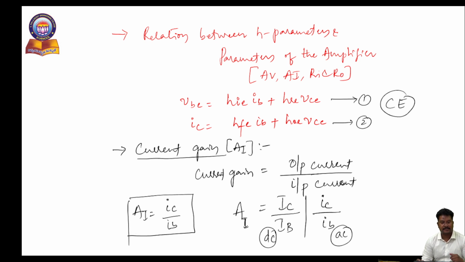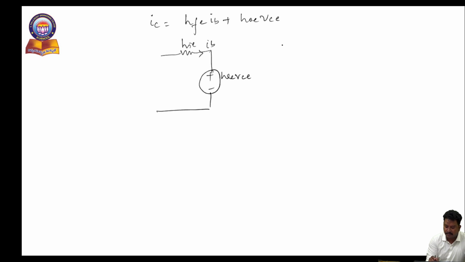Now we have to extract this current gain with respect to the H parameters. For that purpose, I am considering the second equation: IC is equal to HFE into IB plus HOE into VCE. As we know, the AC equivalent model of a transistor consists of four parameters: HIE, HRE VCE, and, of course, this is IB, where I am using the common emitter configuration.